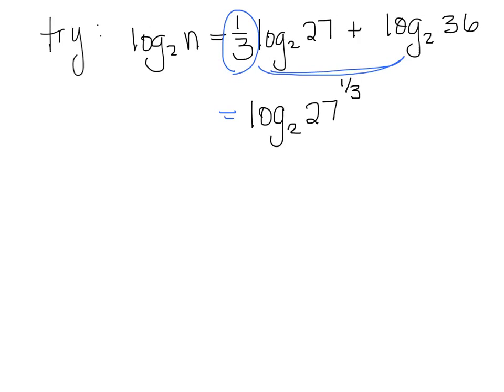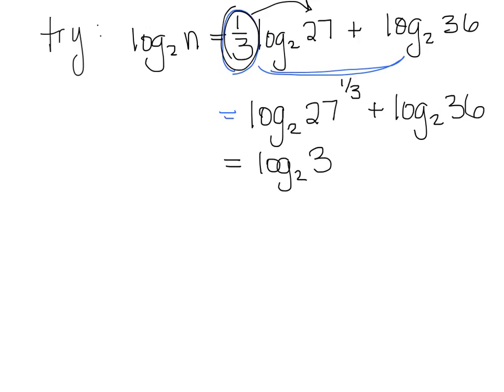So this factor in the front raises up to the exponent. And then I don't have to do anything to this guy. He's just sitting there waiting around to get combined with the other one. Now I could go ahead and combine, but I know what 27 to the 1/3 power is, so I'm going to go ahead and do that. Log base 2 of 3 plus log base 2 of 36.